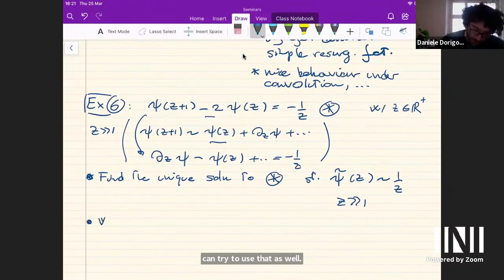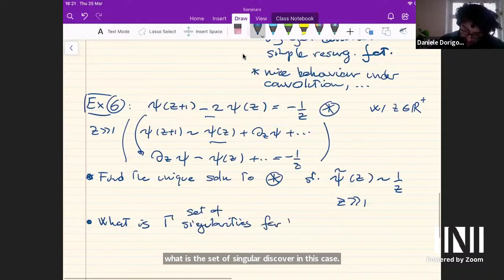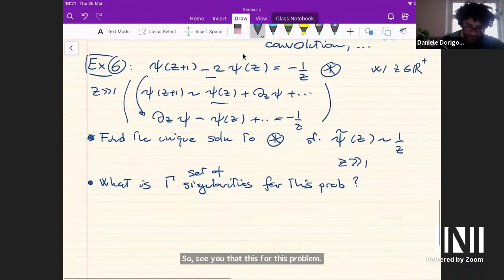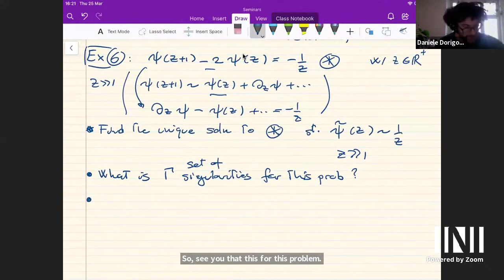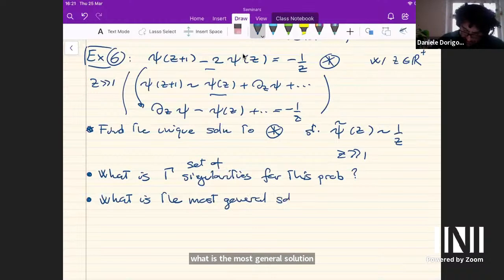Secondly, what is the set of singularities gamma in this case? Set of singularities for this problem. And finally, what is the most general solution to the homogeneous problem?